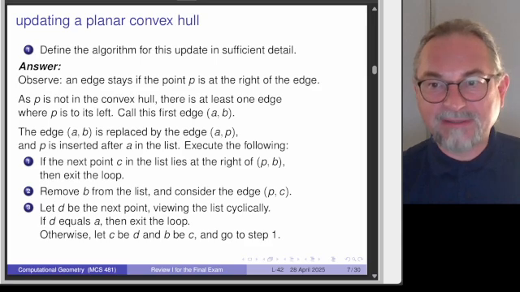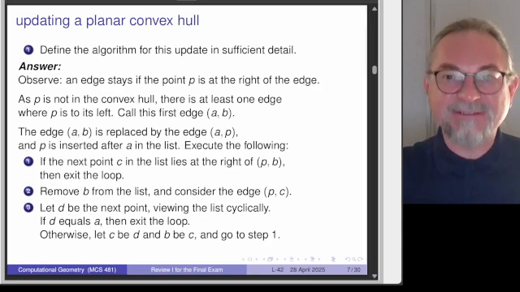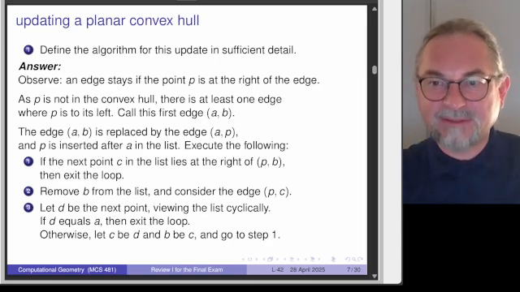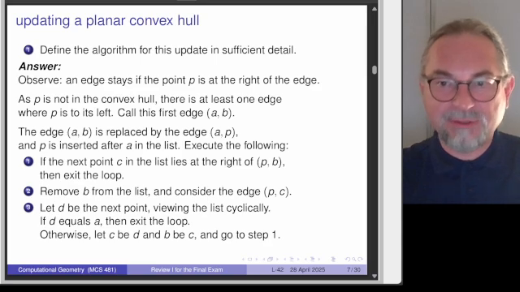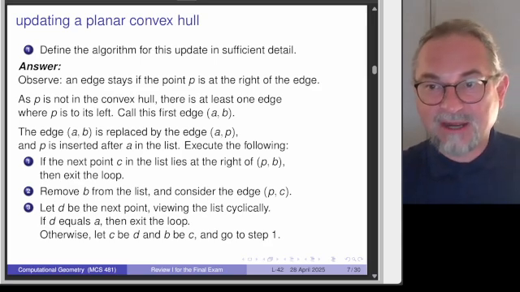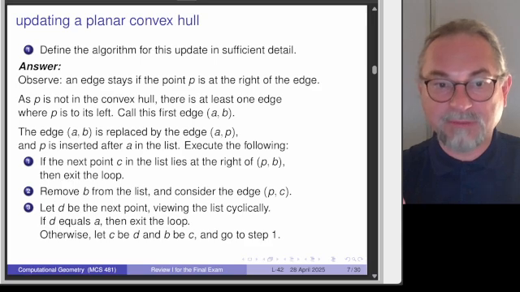It could be that the edge PB actually points inside the convex hull, and if you would connect B to C, you would not have a convex hull anymore. So if that happens, you have to remove B from the list.